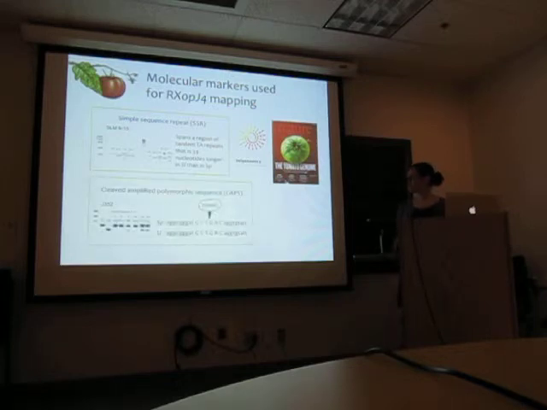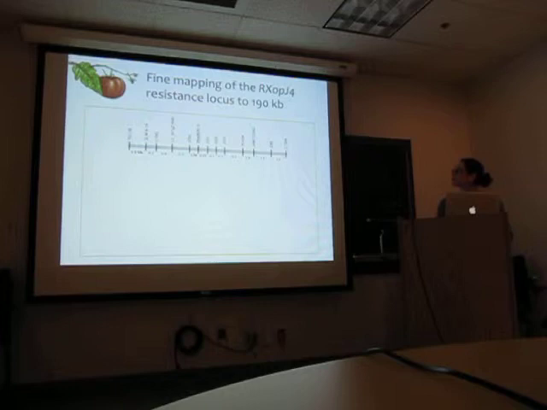And then most of the markers were cleaved amplified polymorphic sequence, or CAPS markers, so these take advantage of a single nucleotide difference between Pimpinellifolium and Lycopersicum, where in this case there's a restriction site for the enzyme in Pimpinellifolium, and you can see that this PCR product in Pimpinellifolium gets cut, and in Lycopersicum it doesn't, and it's also co-dominant. So we ended up with 14 molecular markers across this region that we used to genotype the F2 plants.